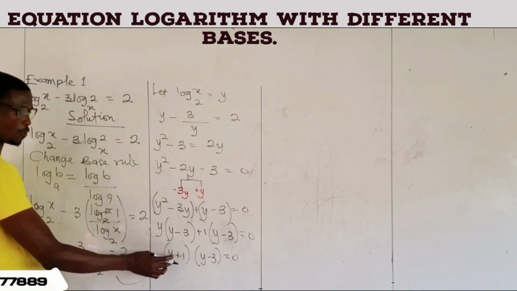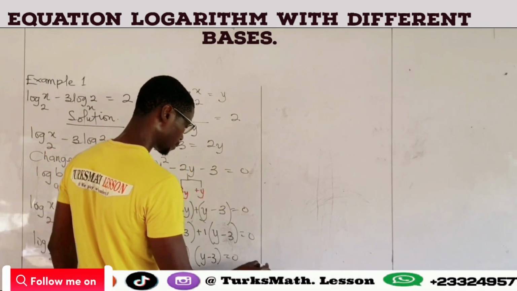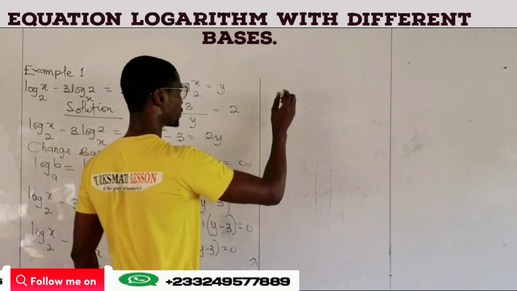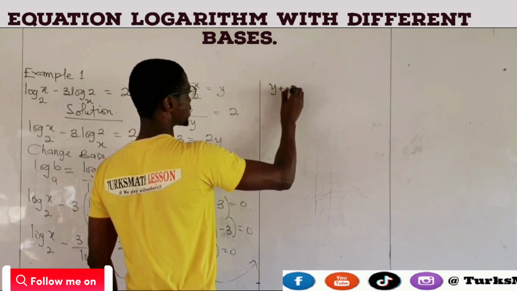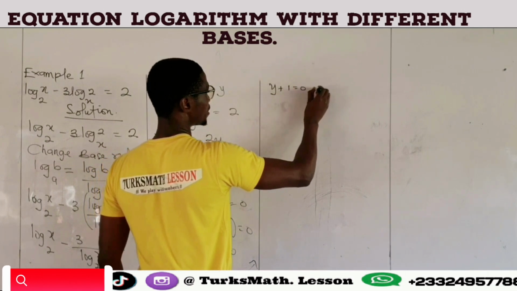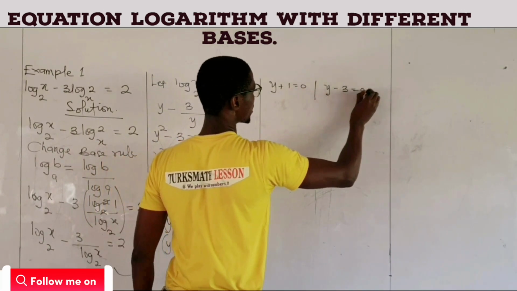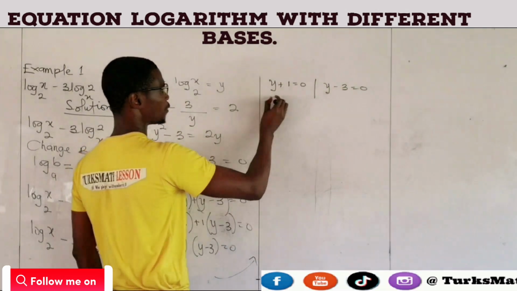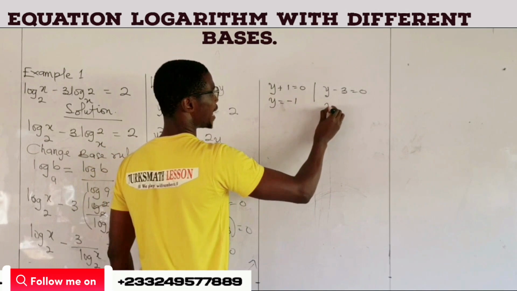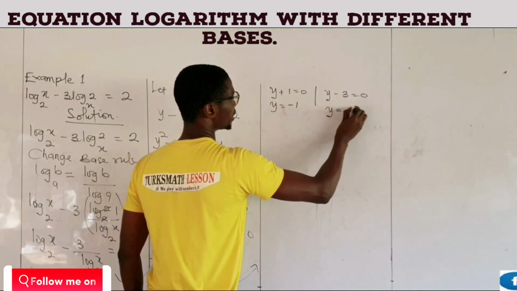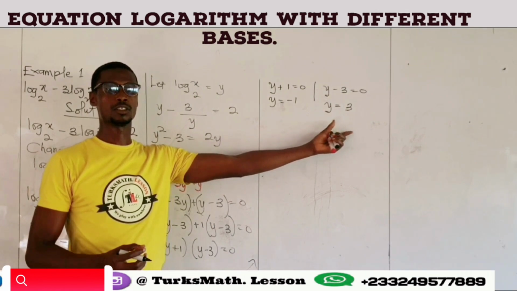Let's look for the value of y. So we are going to have y plus 1 equals 0, then y minus 3 equals 0. So y equals negative 1, and here y equals 3. So you are going to pick the positive value here to work.